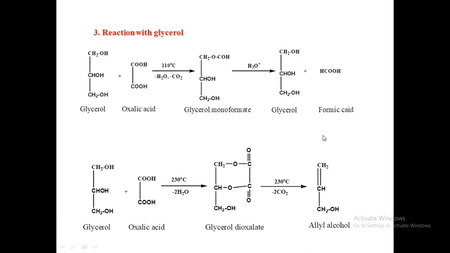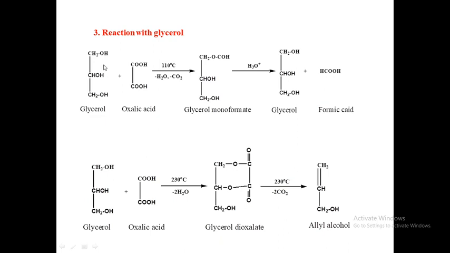Then the third one is reaction with glycerol. Actually there are two reactions depending on temperature. One is at 110 degrees Celsius and the second one is at 230 degrees Celsius. If we change the temperature, it gives different products. First we see the low temperature, 110 degrees Celsius. This is the structure of glycerol.